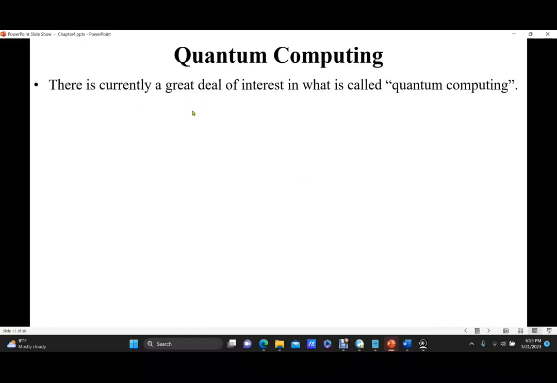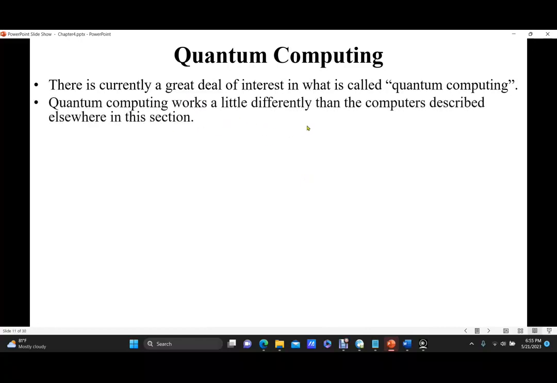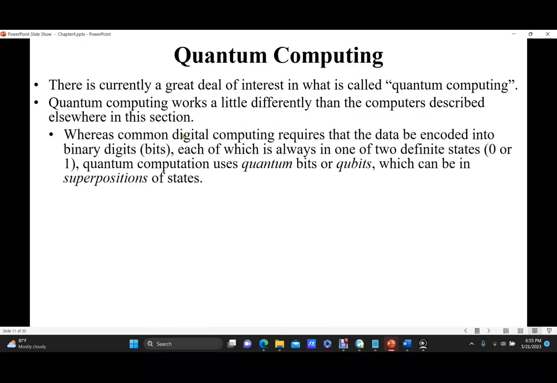There is currently a great deal of interest in what they call quantum computing. Quantum computing works a little differently than traditional computing.